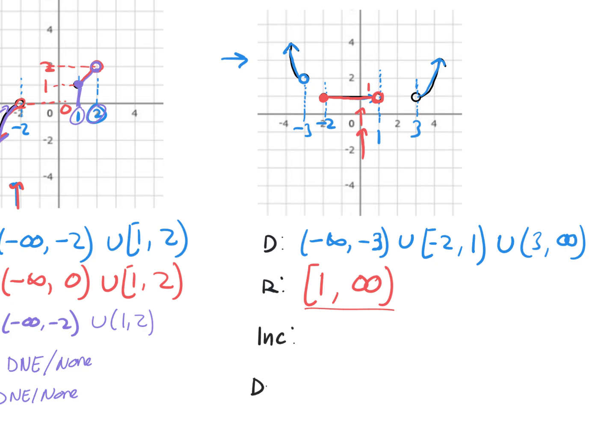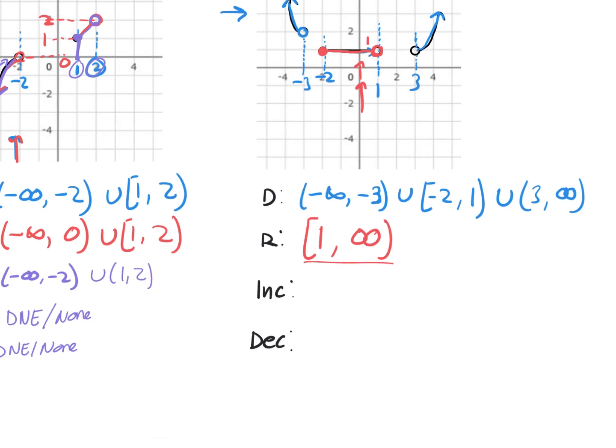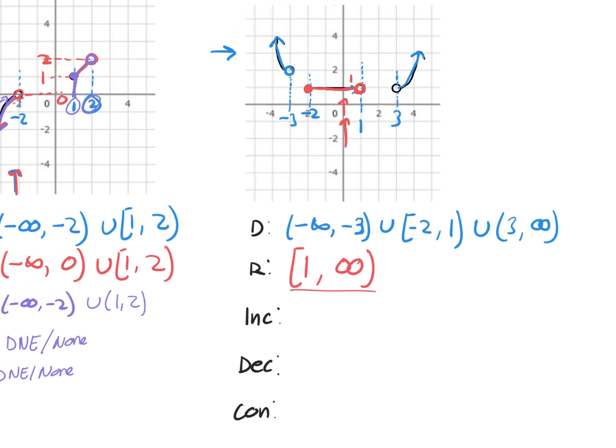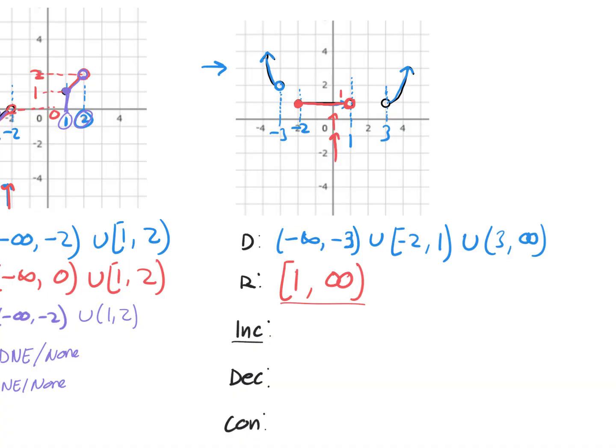So increasing, decreasing, constant. All right. Now let's check, where are we increasing? Well, if I'm going from left to right, it looks like I'm starting here in this part of our graph. Well, we're not going up. Even though you see an arrow pointing up, I'm looking at it from left to right.